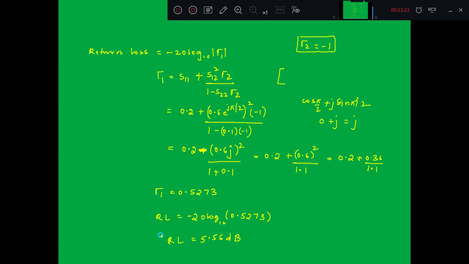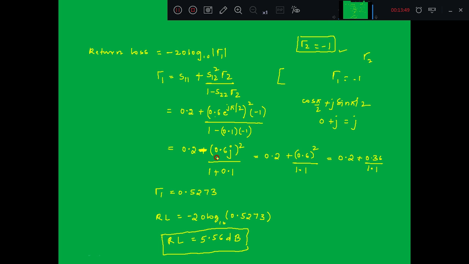So this much return loss you will get at port 1 when port 2 is short circuited. Whenever a port is short circuited, the corresponding reflection coefficient is -1. If the input port is short circuited, then tau 1 is equal to -1, and you have to calculate tau 2. So this is the example.